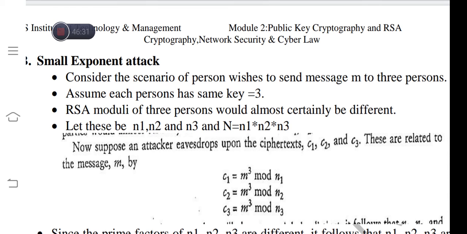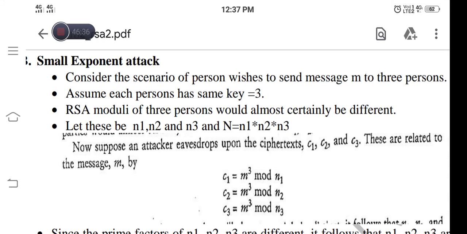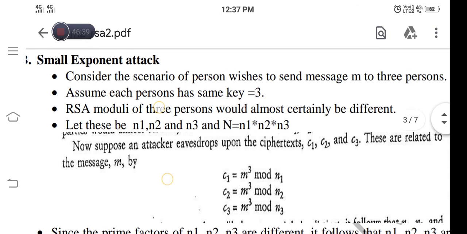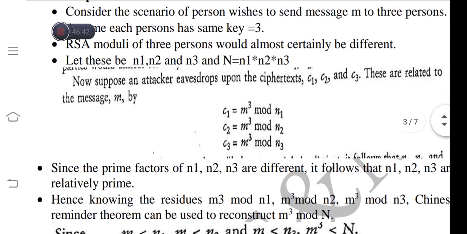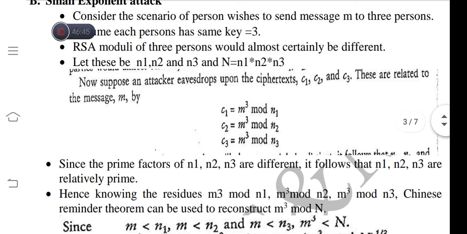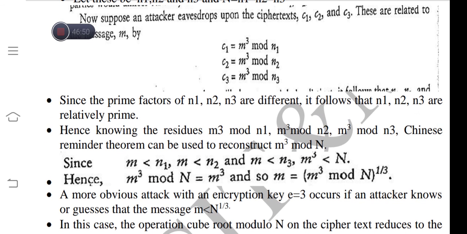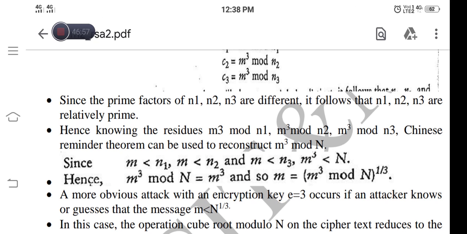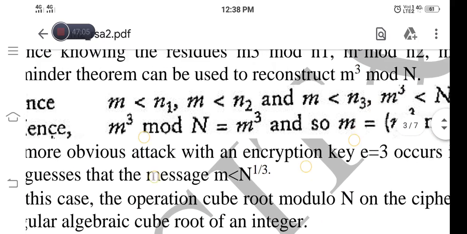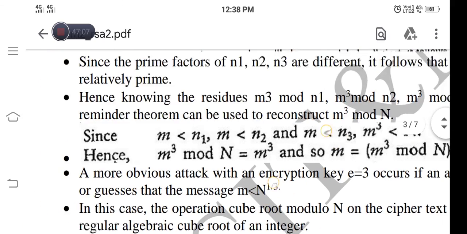The problem discussed here is due to the usage of the small exponent key value e equal to 3, where an attacker is able to find out the plaintext. That is, an attacker can guess that the message m must be lesser than capital N to the power 1 by 3. This type of problem can be solved by padding the block of the plain text.